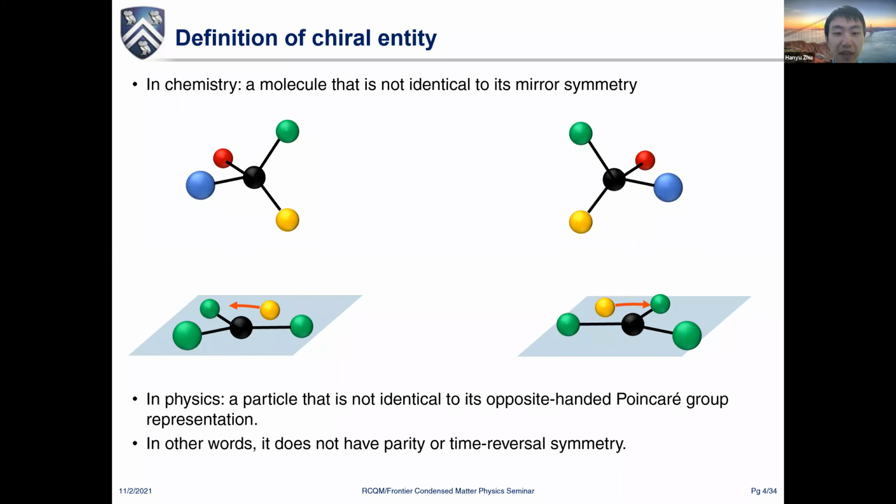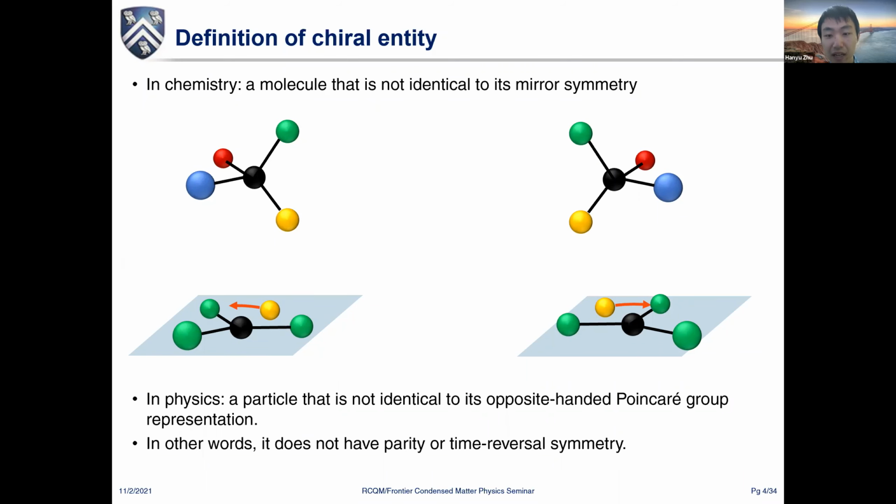Generally speaking, the idea of chirality obeys a similar concept: if a particle under a certain transformation is not identical to itself, then we can say this object is chiral.